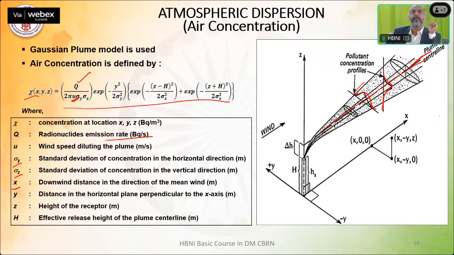So these are the parameters necessary for estimating the air concentration using a Gaussian plume model. Interested participants can further get into these models and understand the calculation methodologies of estimating how an air concentration can be estimated.